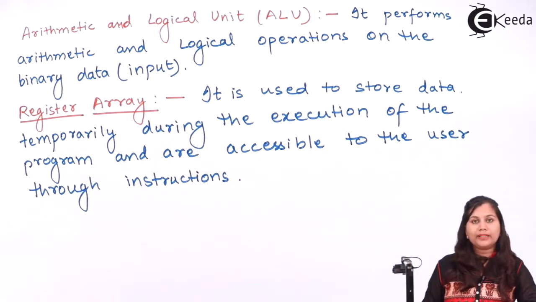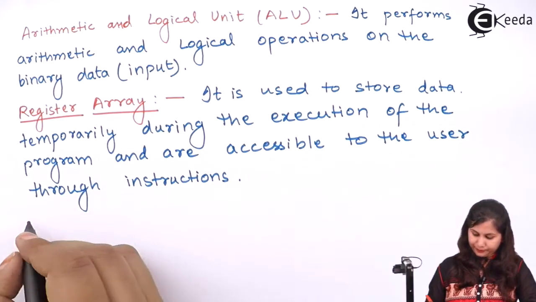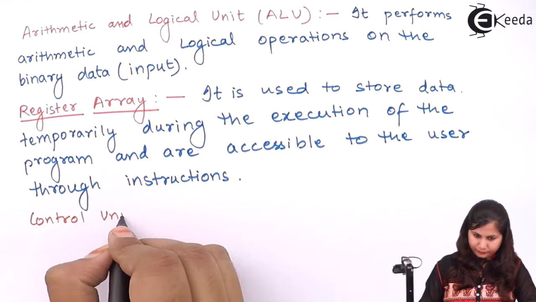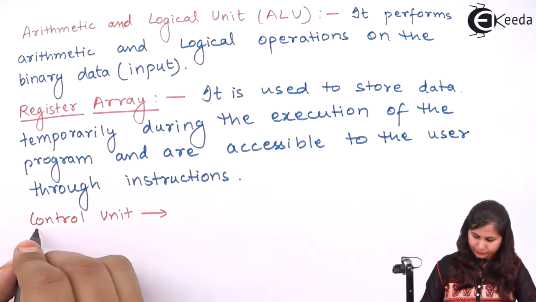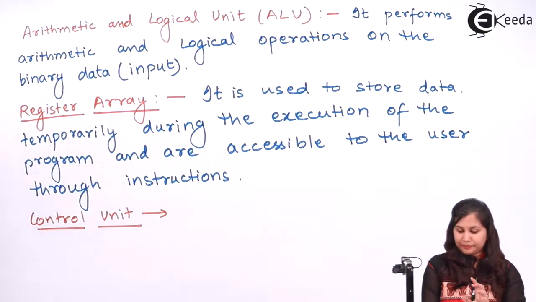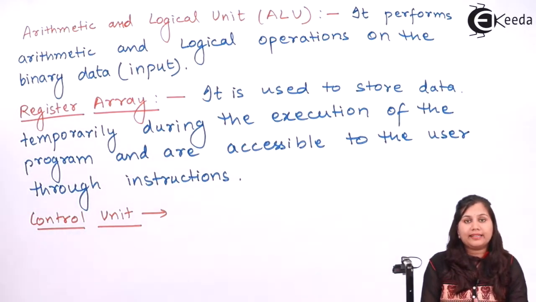Now the next component is the control unit. The microprocessor performs the operations according to the instructions written in the program.